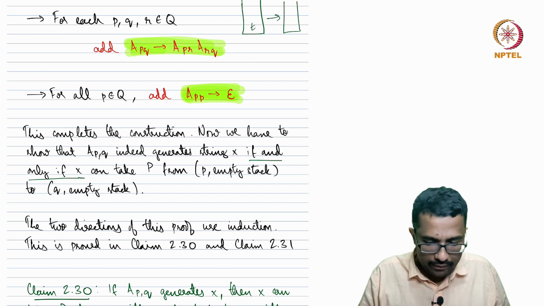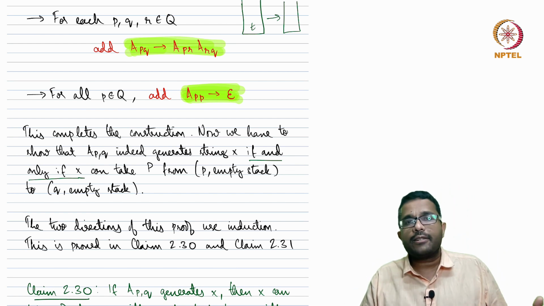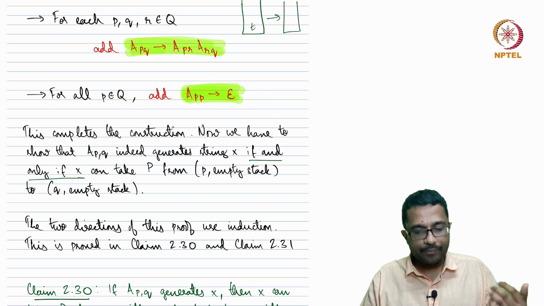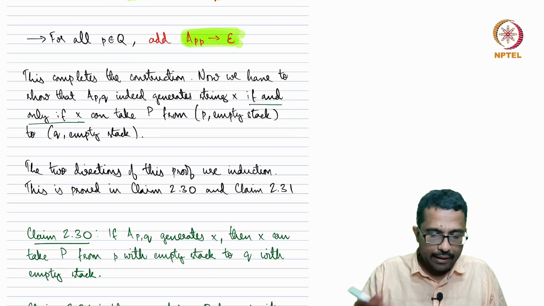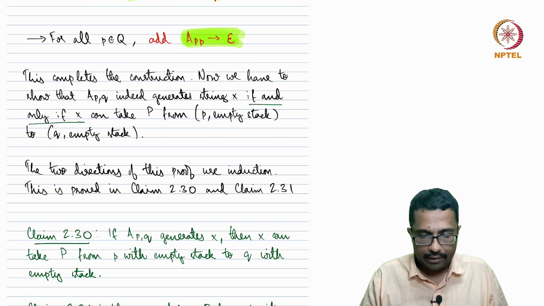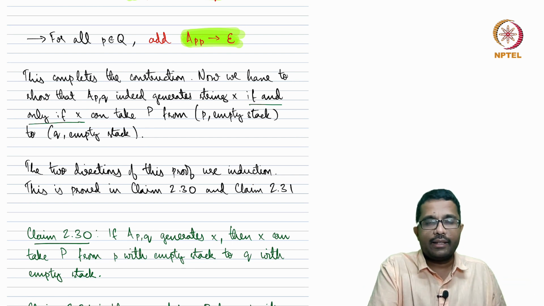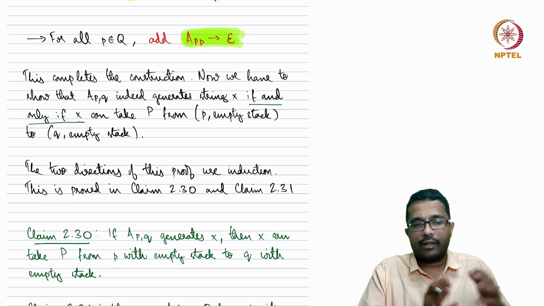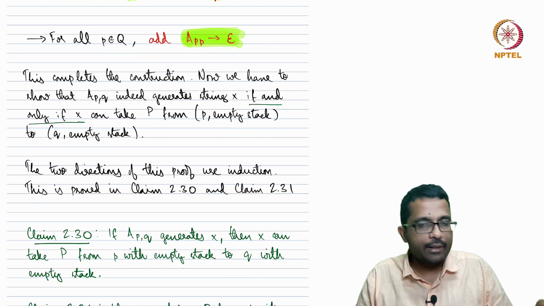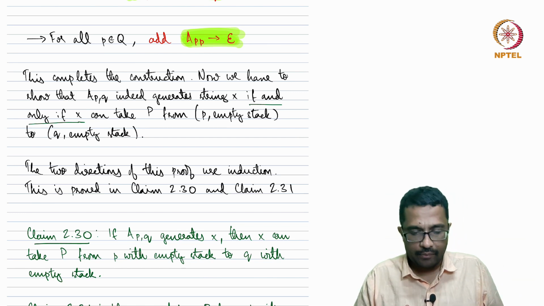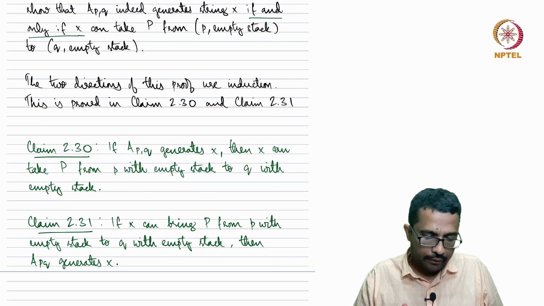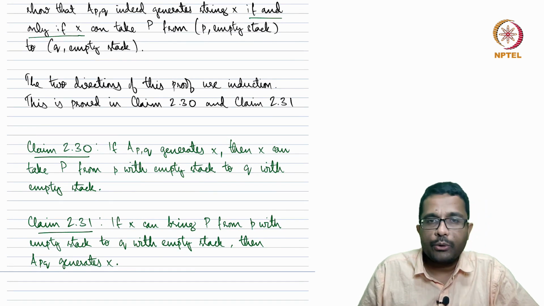So again, in fact, we are in one direction of the proof of the theorem. We are again in a situation where we have to prove an equivalence, that the constructed grammar is equivalent to the PDA, or that this variable generates exactly the strings that we want. So what we will do is show the following two claims, right?